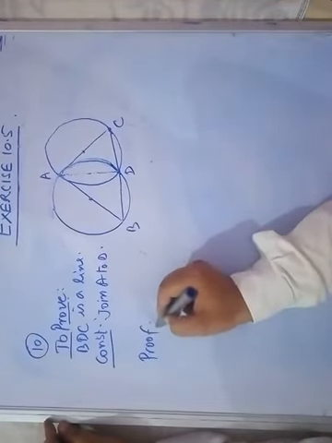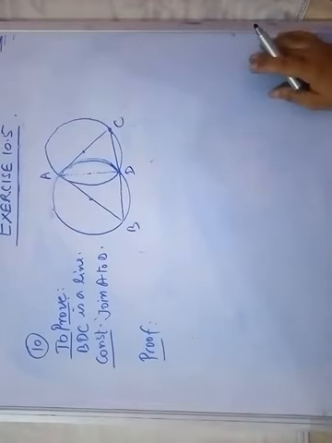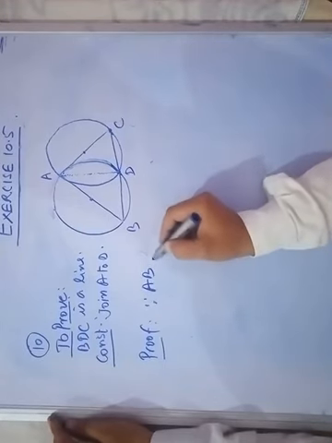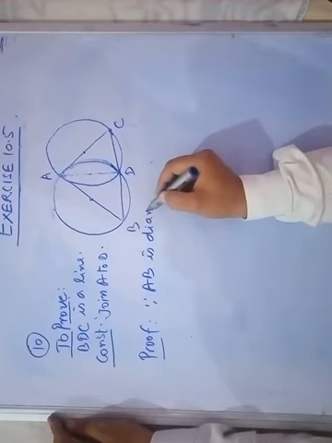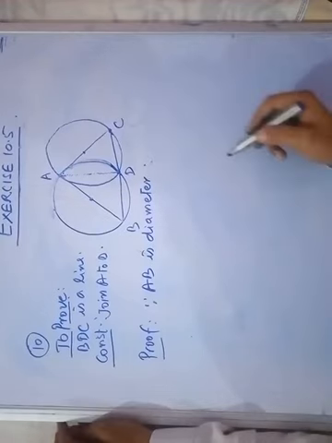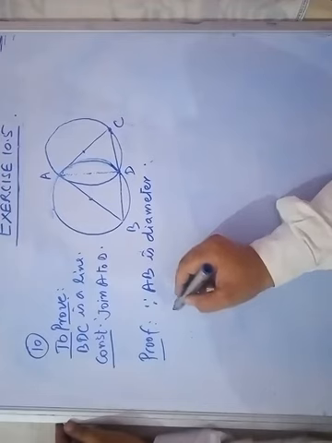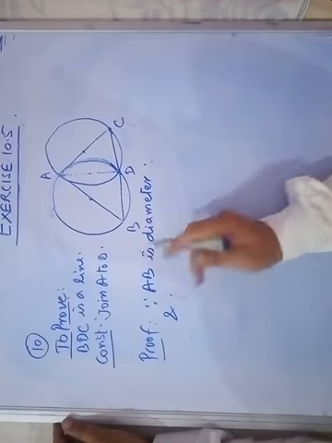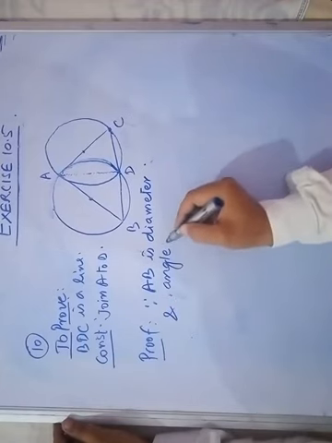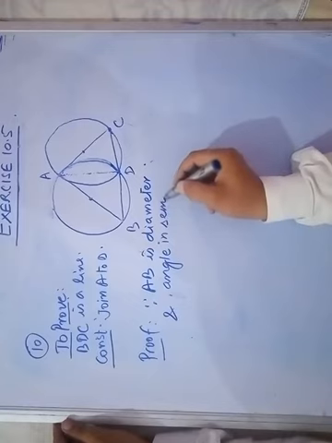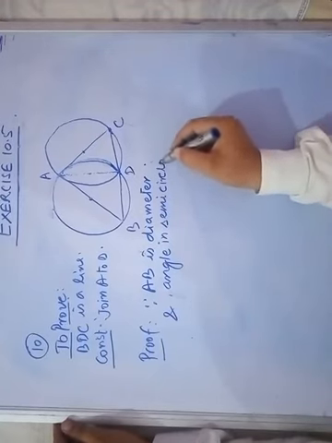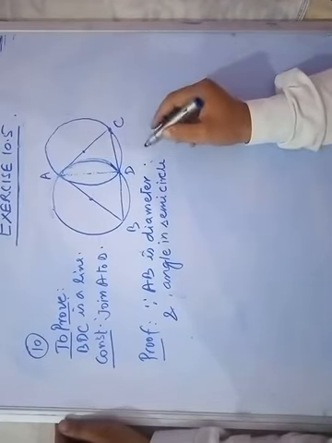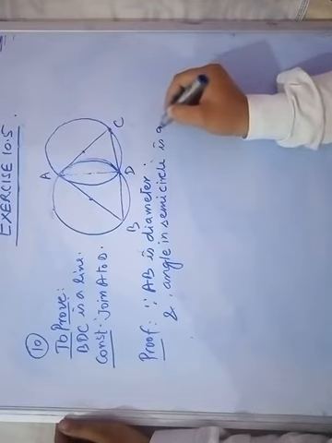Now the proof of this question is, since AB is diameter, and we know that angle in a semicircle is a right angle, 90 degrees.